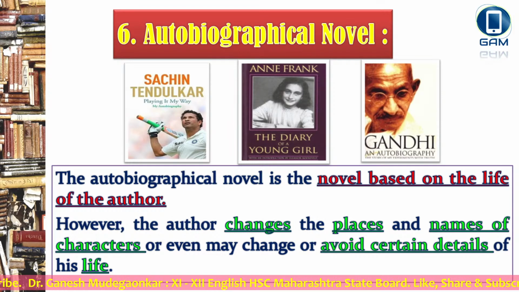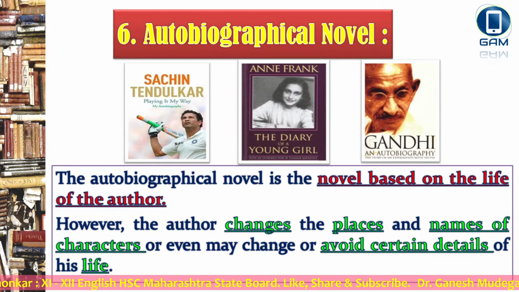So the things are like this, where that particular person is sharing their personal experiences. From these experiences we get different kinds of emotions in our mind, and we have different types of thoughts. Got the idea? Sometimes the author changes the places and the names of the characters, or may even change or avoid certain details of his life.